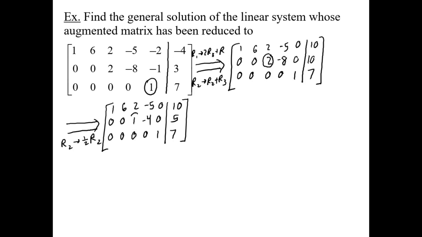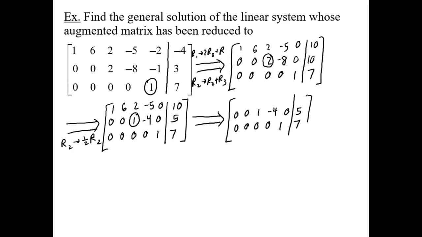Okay, now we've got a 1 in pivot position. And so now, again, second row is fine. Bottom row is fine. And so now it's just the top row.